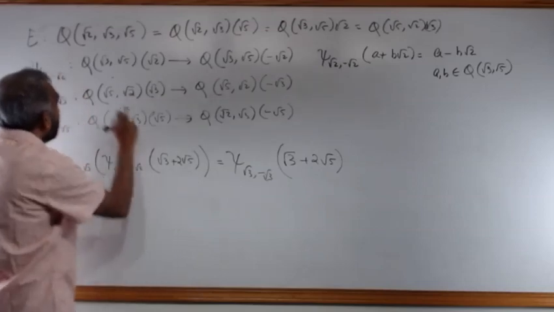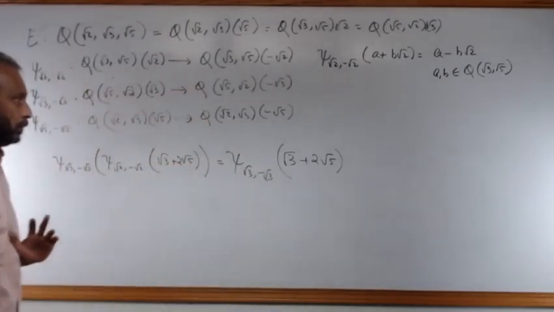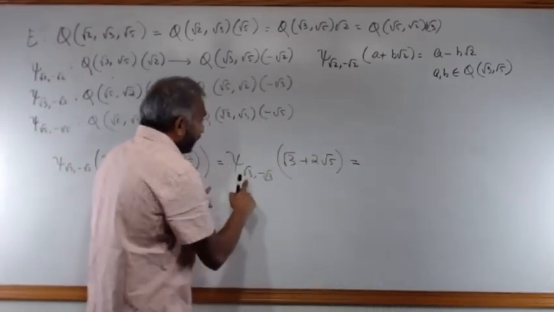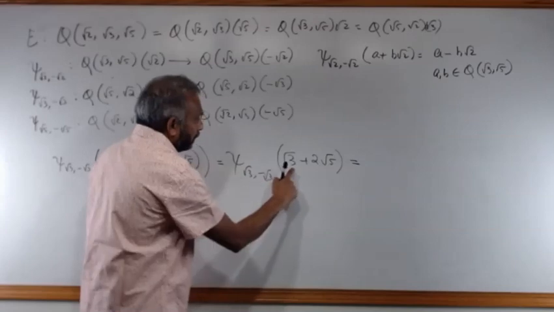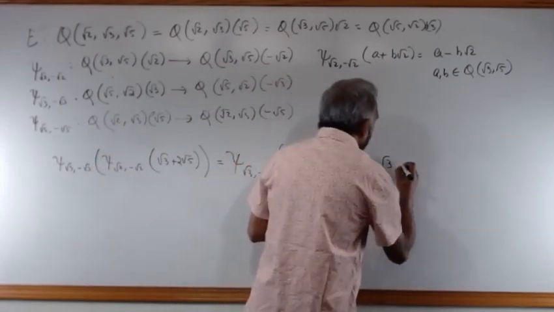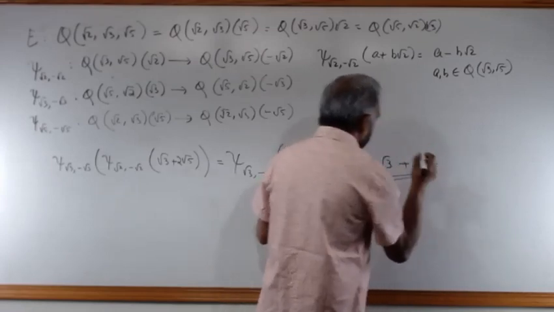And this is an element right here. So it is not going to change. It's exactly like this. But when you consider this one, this is going to change here. So this is going to be minus root 3 plus 2 root 5.